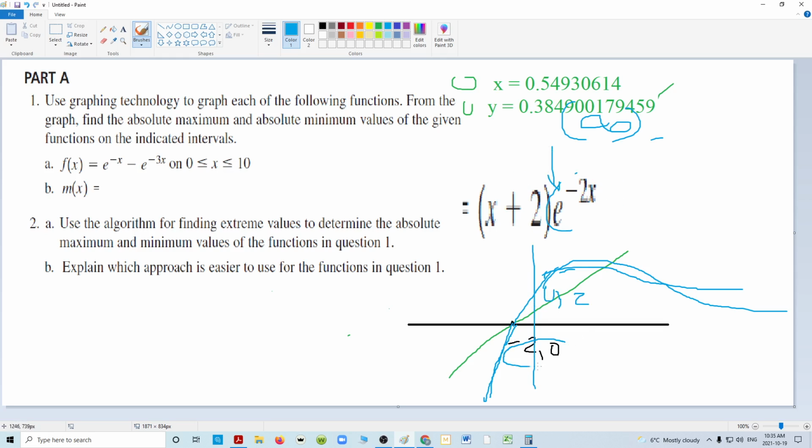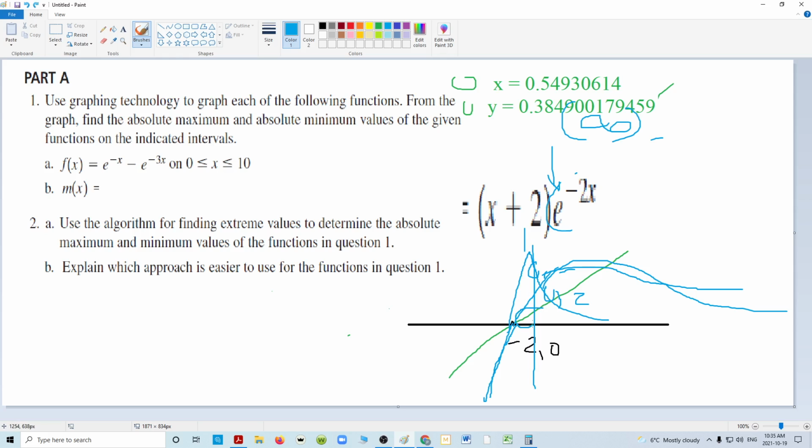So not only does it go through -2, 0, it goes through 0, 2, which tells me between -2 and 0 is the climb from the x-axis to the y-axis, which tells me the peak, oh, you know what? It might be climbing up first, and then it might be doing this, and then coming down through that number. So the peak might be right there.